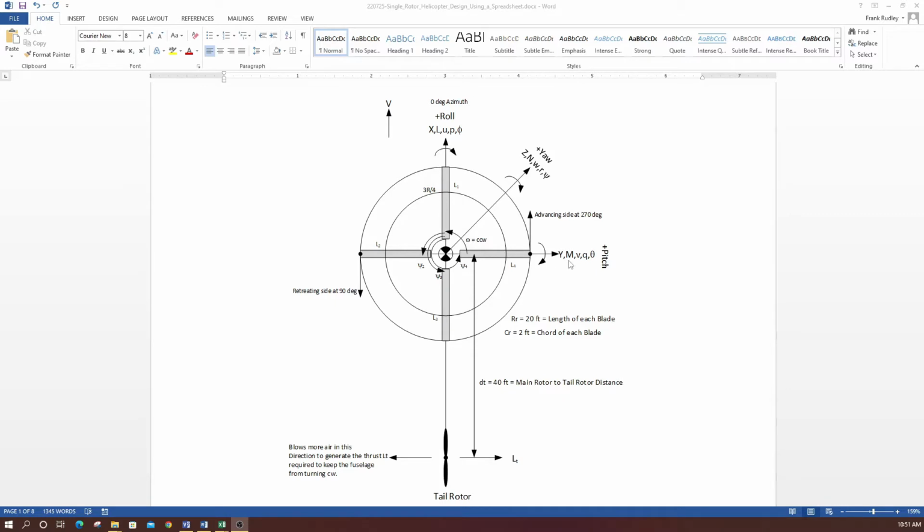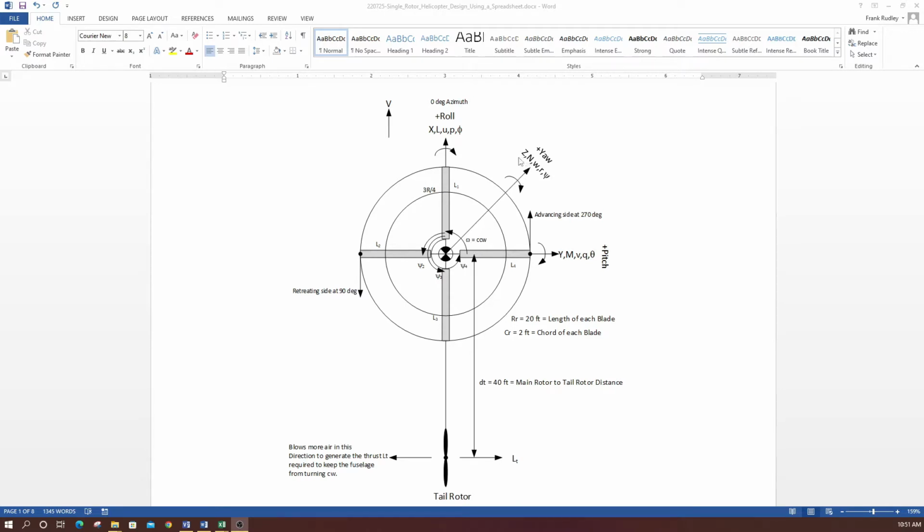This axis system, I believe there are like 12 different possible configurations you could look at these axes in three-dimensional space. This is the standard one that's used for aircraft. And z points down, so our z force is pointing down.